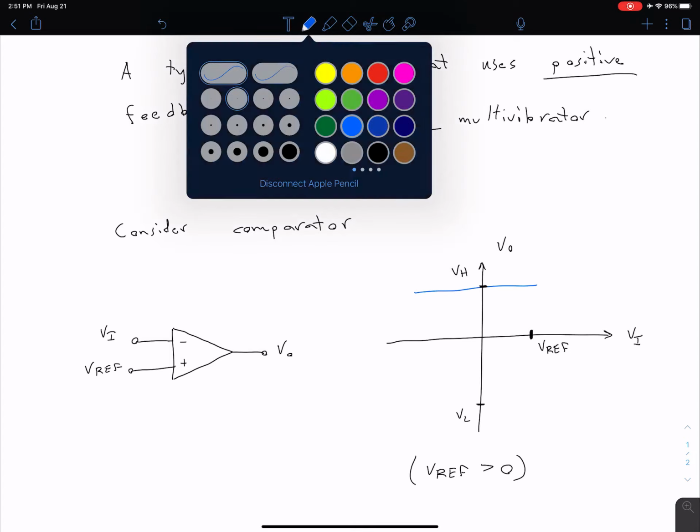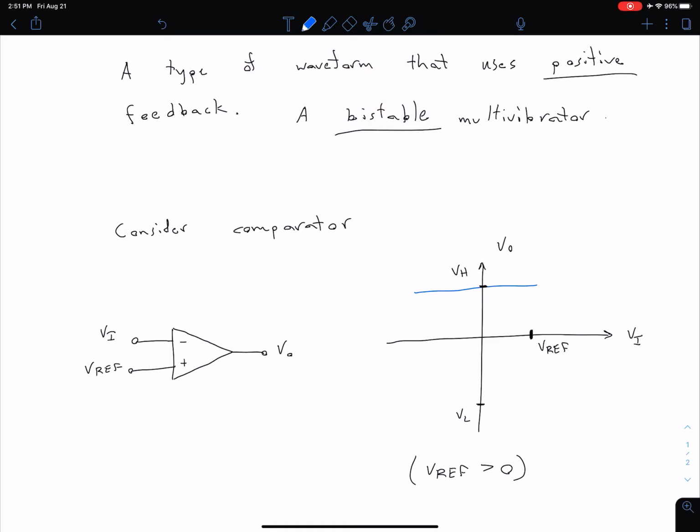The operation of this comparator is, so long as our input is less than the VREF, we're going to have a positive output. We're going to be saturated at V high. Now, once we cross over VREF, we're going to come down here to our V low value.